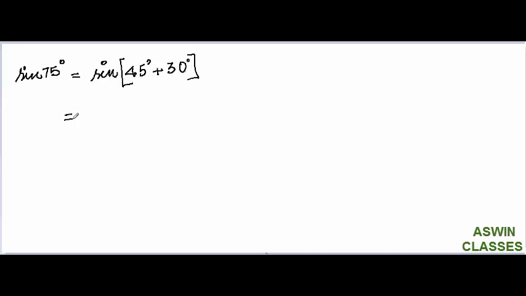Now you can use the identity sin(A + B) here. Sin(A + B) is actually sin A cos B plus cos A sin B. Clear?